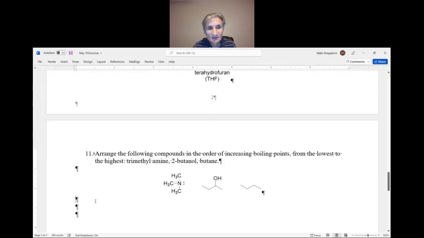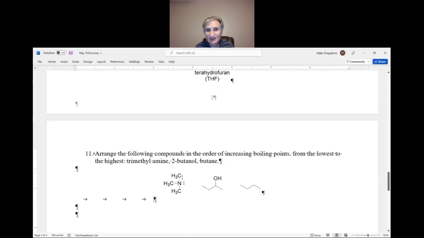And next, boiling points are a measure of the strength of intermolecular interactions when compounds are about the same size. That means you should figure out what is the strongest intermolecular interaction in each case, and then arrange them in the order of strength of intermolecular interactions from weakest to strongest. Now I showed the free electron pair here, I didn't show it here.